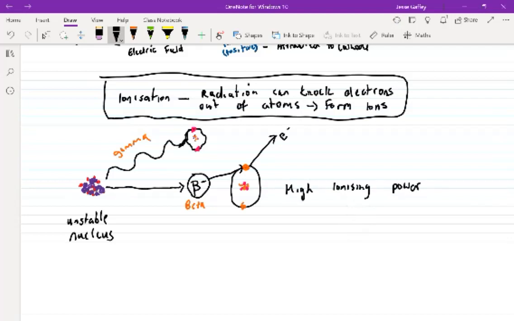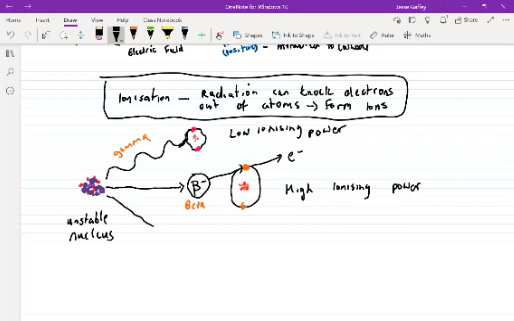Gamma particles have a lower ionizing power. Low ionizing power. So gamma rays have the low ionizing power. Beta particles have a higher ionizing power.